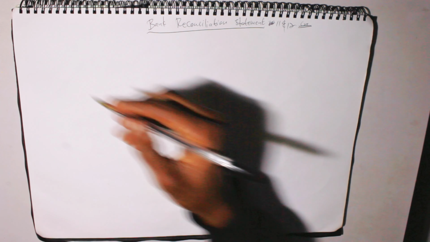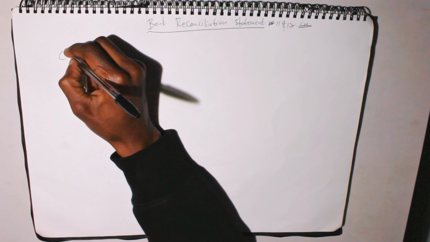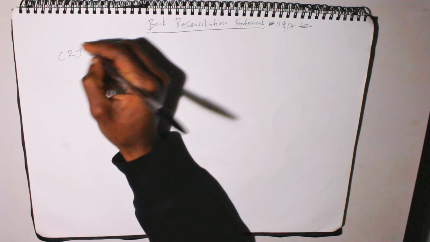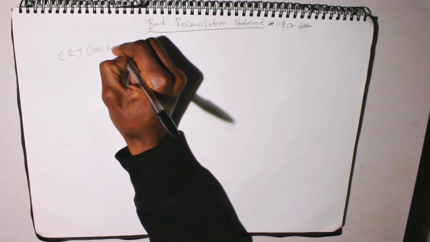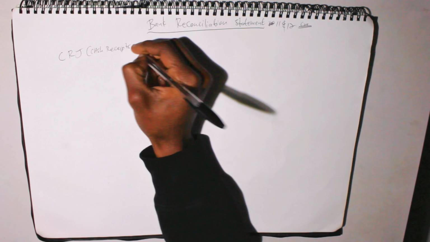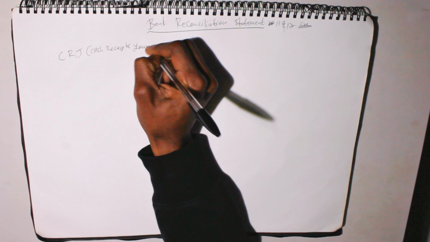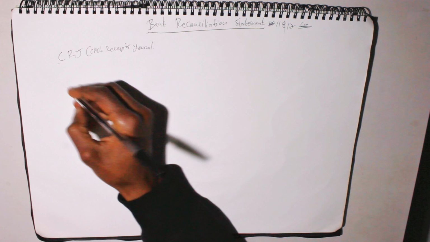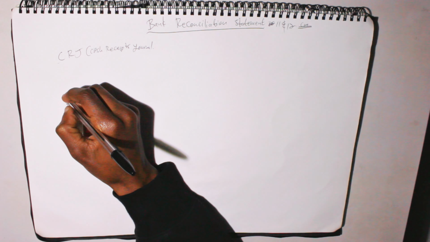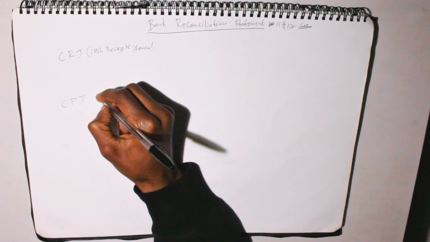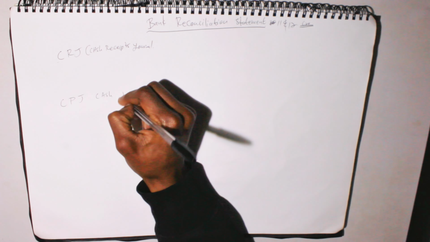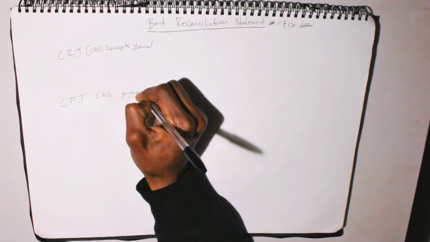So you have your CRJ, which is cash receipts journal, right? And then we also have what we call the CPJ, which is cash payment journal.